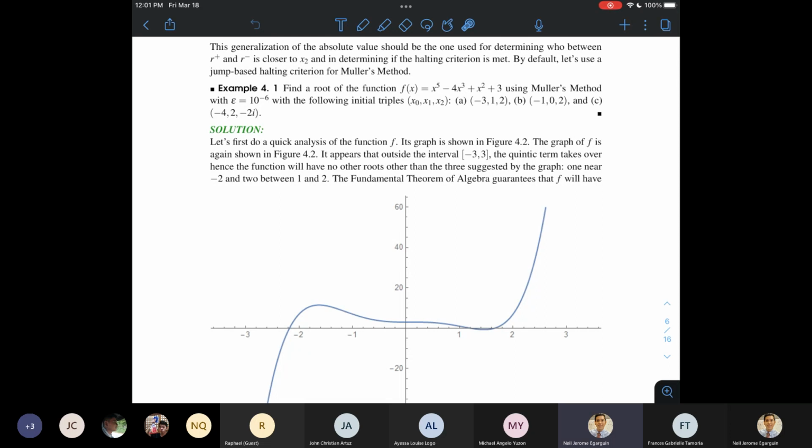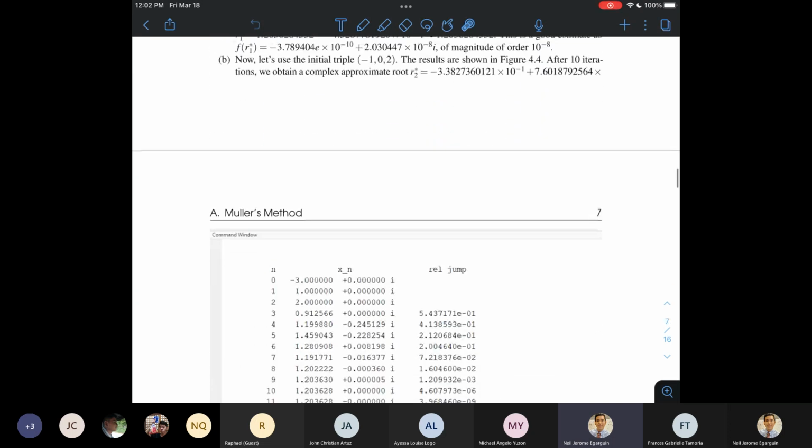Okay? And in example 4.1, I did 3 instances of Euler's method starting with 3 initial triples. Okay? So, dito nakuha ko yata yung real root. Dun sa pangalawa, nakuha ko yung isang complex root or isang non-real root. And I hope I mentioned last time the complex conjugate theorem.